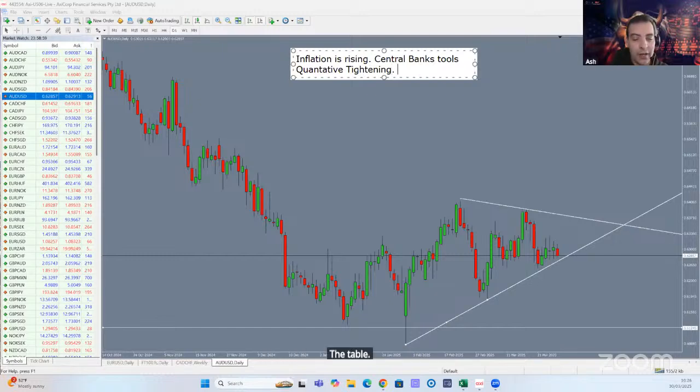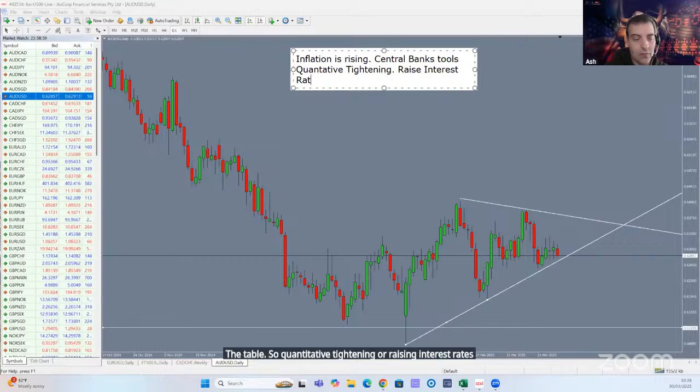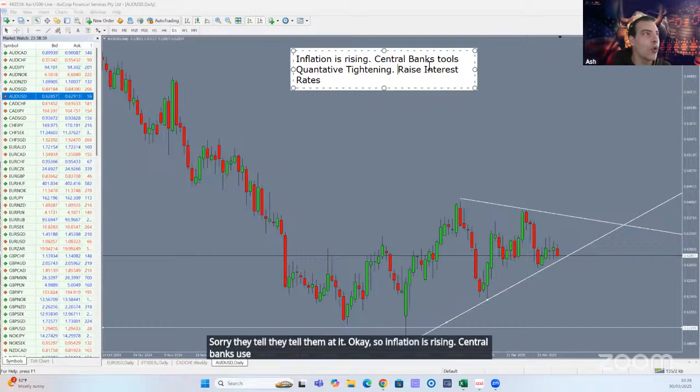So quantitative tightening or raising interest rates. Sorry, they sell assets. Okay, so inflation is rising. Central banks use quantitative tightening or raise interest rates, or both.